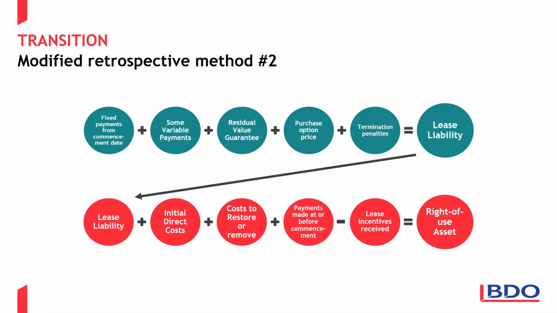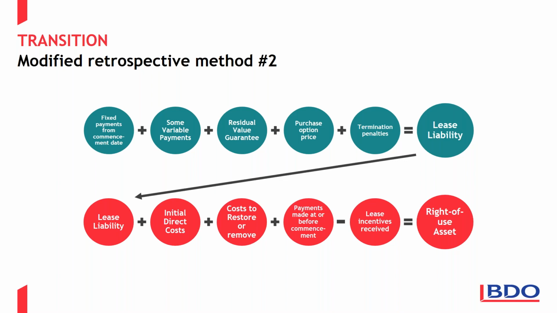If you look at modified retrospective method 2, here again, we look at the lease liability, and again, it's the lease liability that we've determined at the date of initial application. However, then we take that lease liability at the date of initial application, and we go back and we look at initial direct costs, cost to restore or remove.